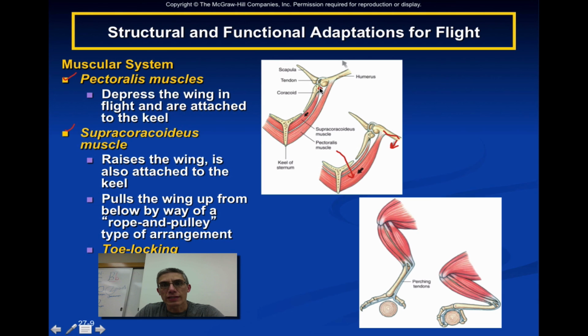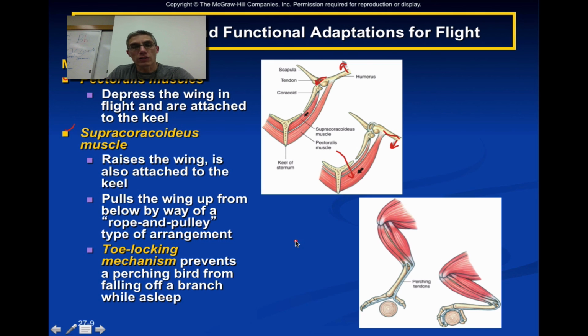And if you notice, the tendon is wrapped right around this part of the wing, or the bone that supports the wing of this bird. And so when it contracts, it's going to pull in this direction, and in essence, as we had said, it kind of acts like a pulley type of mechanism, and it's going to cause that wing to move upwards. And so those two muscles are going to work in conjunction with each other, and that's what's going to sort of allow the flapping motion that you would see as a bird flies through its environment.